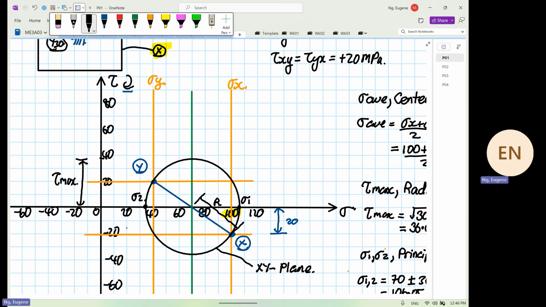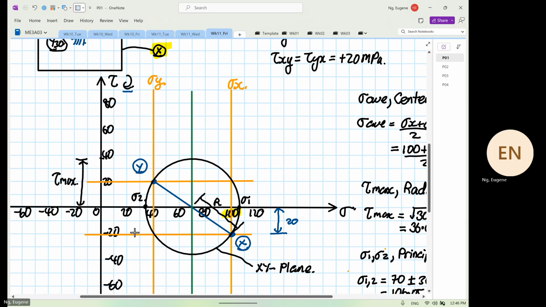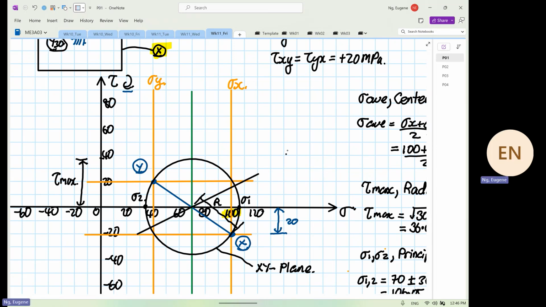So I'm going to sketch 60 degrees over here. I'm going to do a proper eyeball. So this is 60 degrees from point Y. Oh, it looks chaotic now.